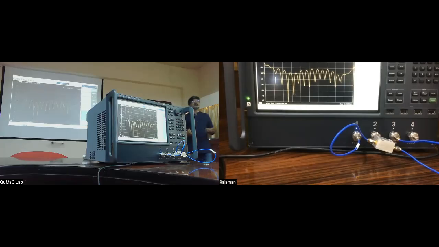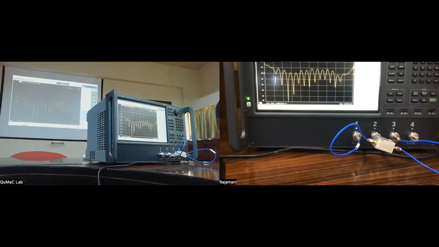So this works as a combiner as well, with the caveat that you always end up losing half the power. If this was power P1, you will only get P1 over 2 plus P2 over 2 on this port. The rest of the thing will dissipate inside.